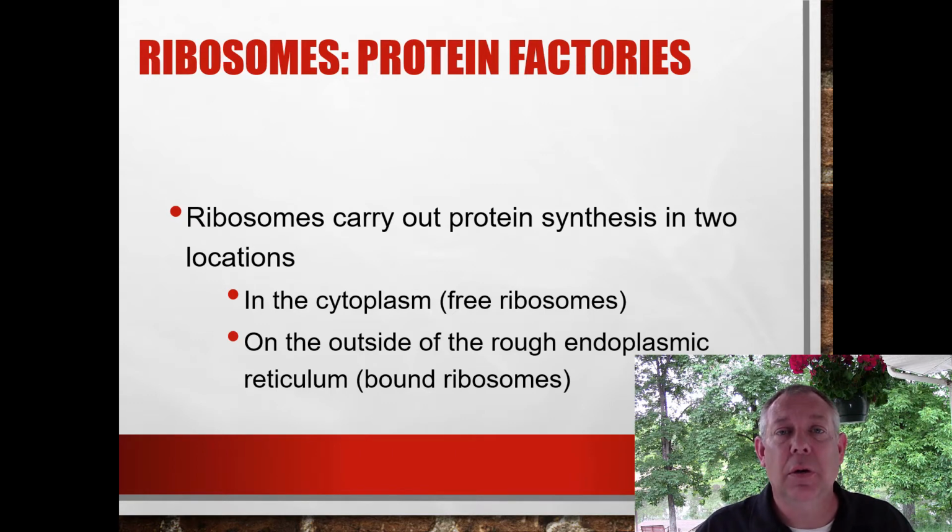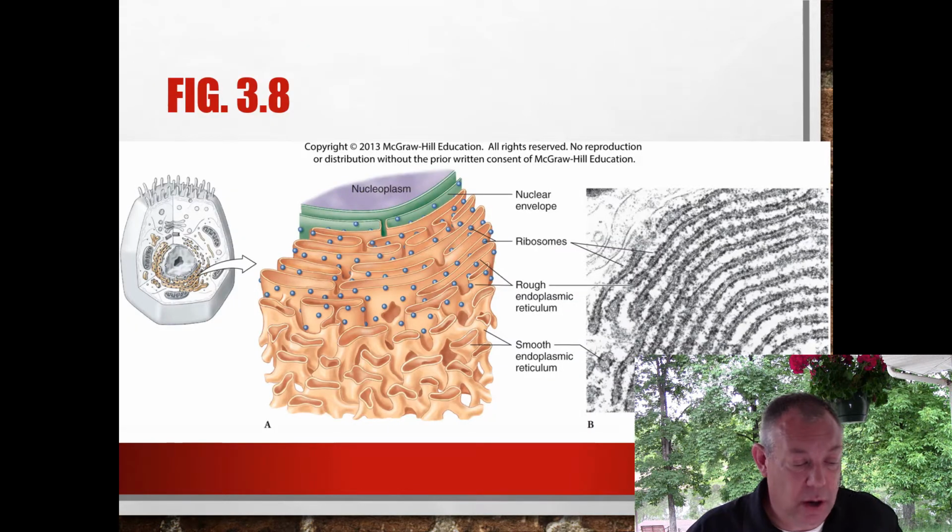But there's also something called rough endoplasmic reticulum, or rough ER, and that's where the ribosomes are bound ribosomes, and they're bound to the endoplasmic reticulum, and they also make protein there. And so there's a figure from your book showing some of those details, and again a micrograph of what that would look like.